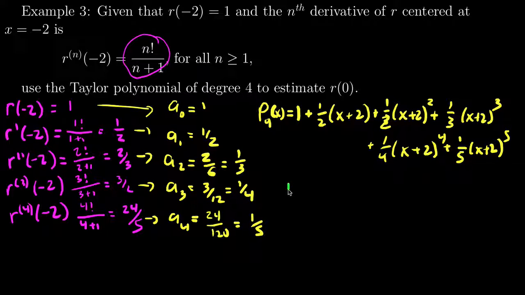And I know that r of 0 will be approximately, as long as it converges here, it doesn't, but if it did, it will approximately equal the fourth P4 of 0, which will be, so I put in 0 for all this, I'll have 1 plus 1/2 times 2 plus 1.